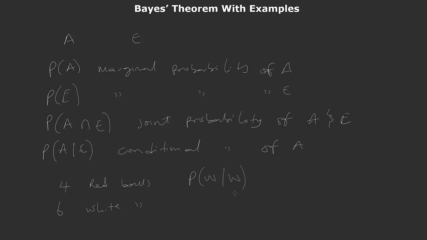What this means is, what's the probability that the second pick will be white, given that the first pick is white? And this time, there's no replacement. So if you pick the first ball, you are not expected to replace it. In this scenario, this is a conditional probability where you are looking for the probability of the second ball being white, given that the first ball is white.